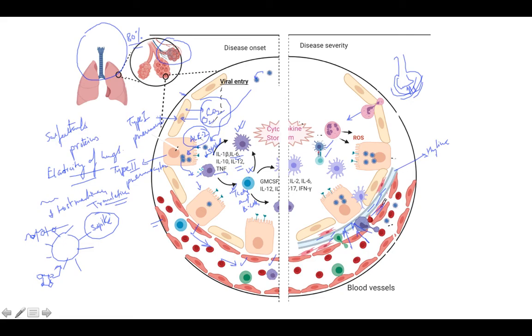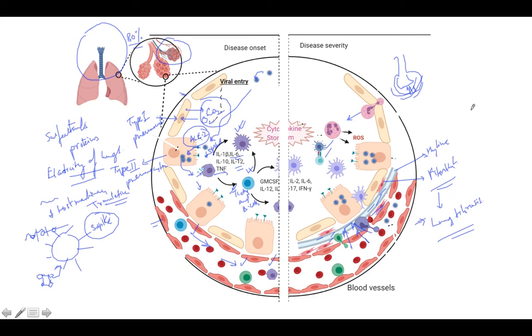There is recruitment of new cells, the fibroblasts, and this fibroblast recruitment later causes lung fibrosis. So the capacity of the lungs to expand will be reduced, and because there is hyaline membrane and fluid, the lungs are not easily contracting because of the fibrosis.